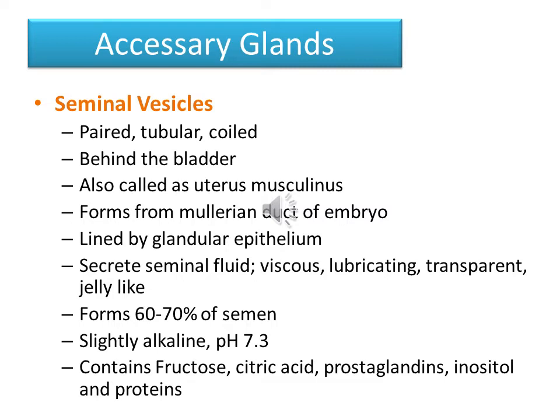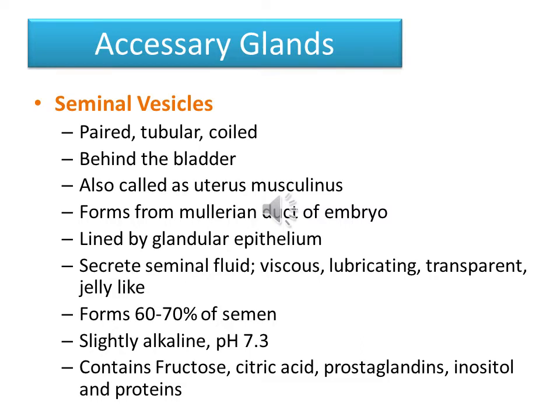This fructose is secreted by seminal vesicle, present in the seminal fluid. Along with fructose, there is citric acid, prostaglandins, inositol as well as proteins. So the first gland, seminal vesicle.